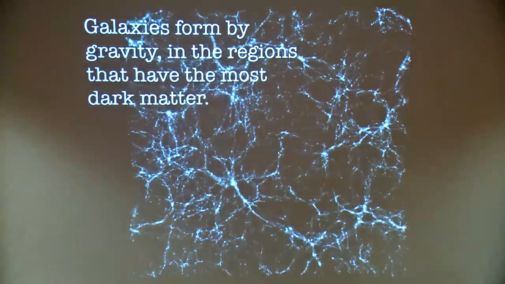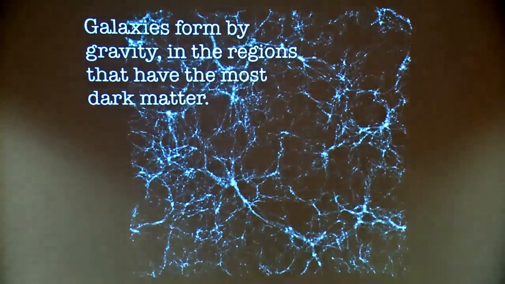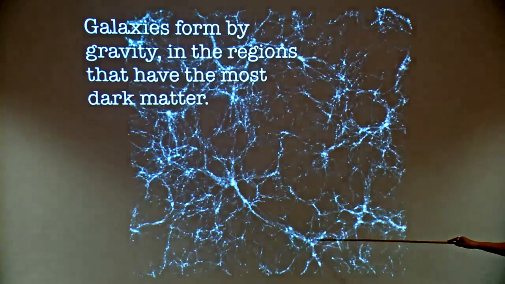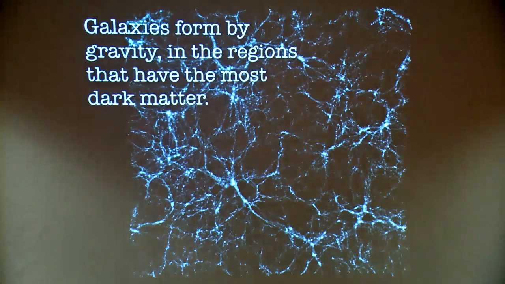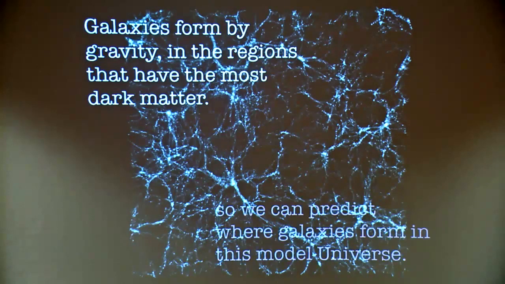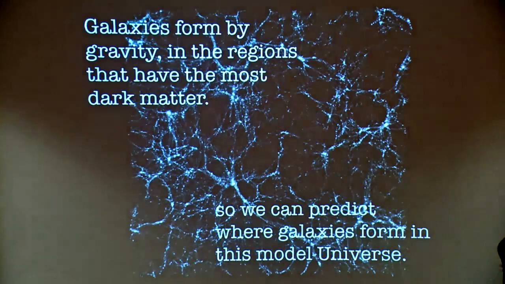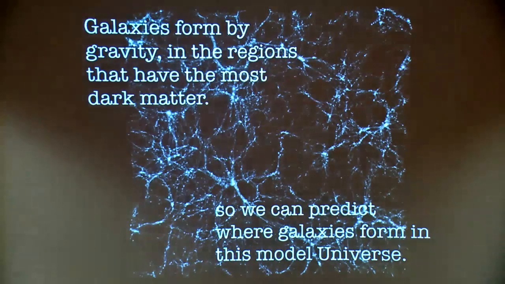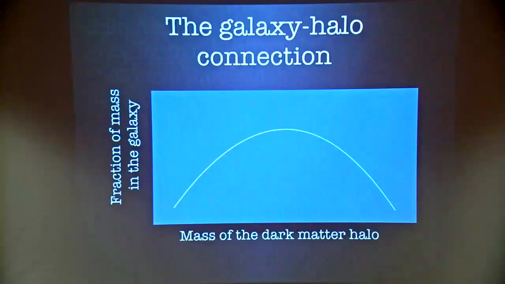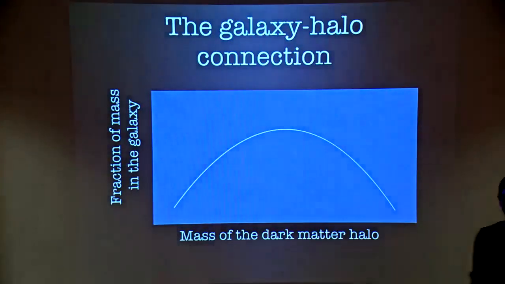So you said earlier it looks like the galaxies are in the same place as the dark matter. They are almost in the same place. They only form where there's a lot of dark matter. So sometimes you can have some dark matter and no galaxies. You never have a galaxy and no dark matter, as far as we know. Okay? So we can predict where these galaxies form in this model universe. And this is my one-slide summary of my last 11 weeks.